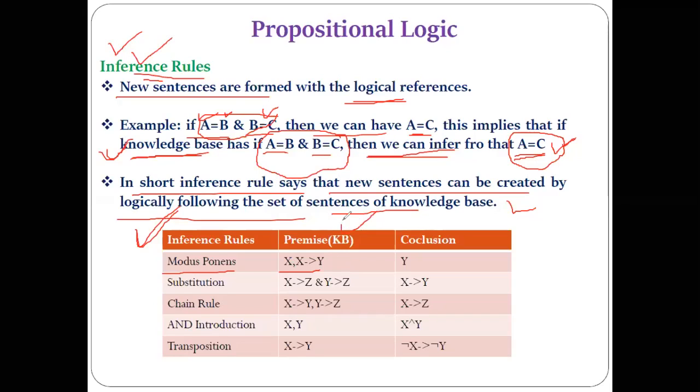You can see the second column here. The second column is what? Premise, in brackets knowledge base. Premise means these are the propositions present in the knowledge base. Now when will this kind of proposition be present in the knowledge base? When we represent real world facts using propositional symbols. Yes or no?